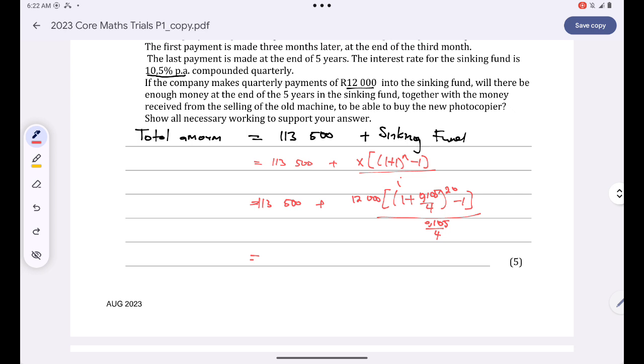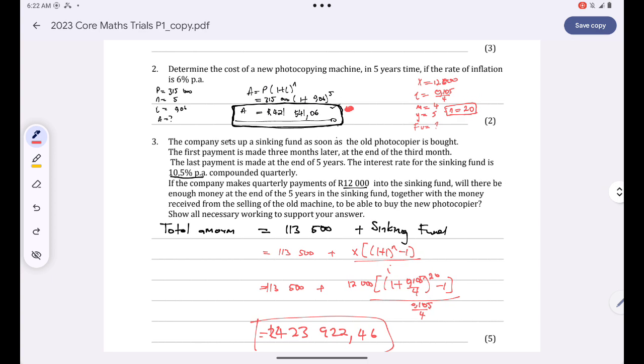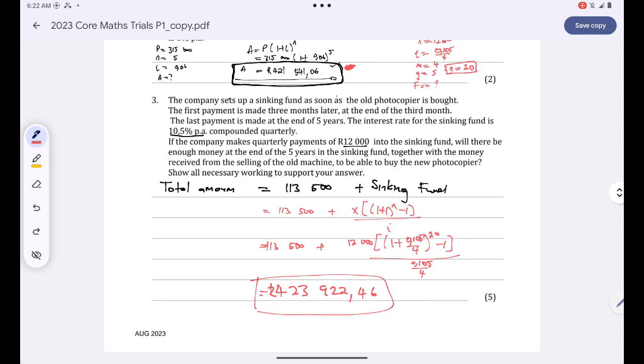So the amount of money I will have in future is just 423,922 rands 46 cents. So this amount of money, guys, is greater than the value of a new photocopier. So the company will be able to buy a new photocopying machine.